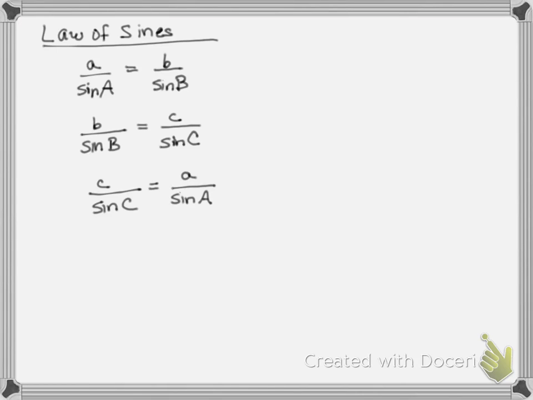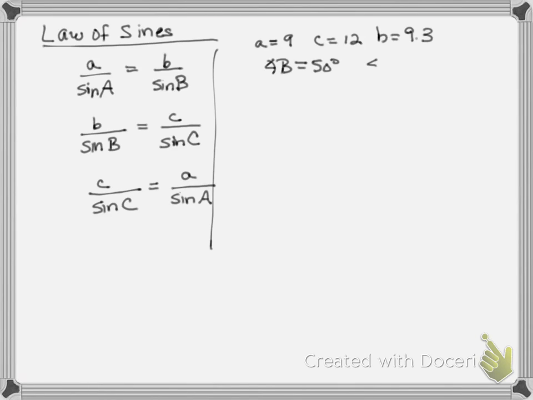So since I know what little a is, which is 9, I know little c, which is 12, I know that b was 9.3, and I know that big angle B is 50 degrees.